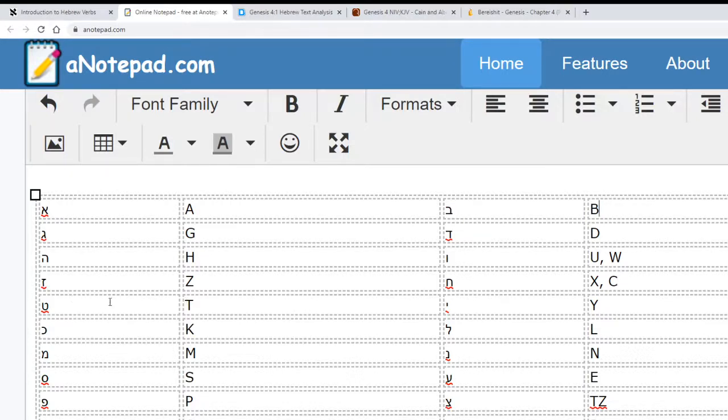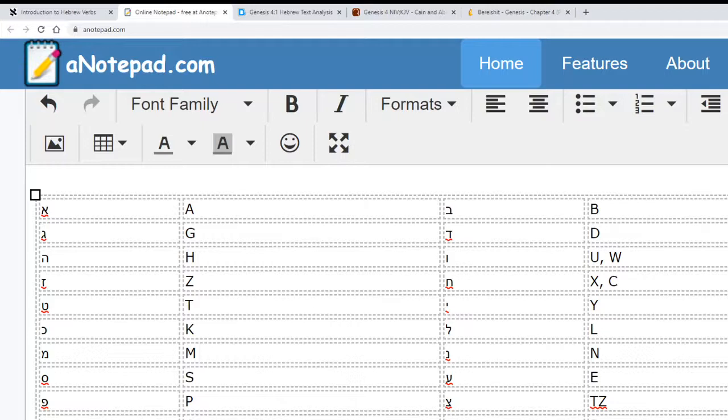The tet, there's two T sounds. I distinguish them with th for the tav, especially because if you're listening to Ashkenazim, they make a big differentiation between the tav and the sav, right? So instead of saying Shabbat, they'll say Shabbos.